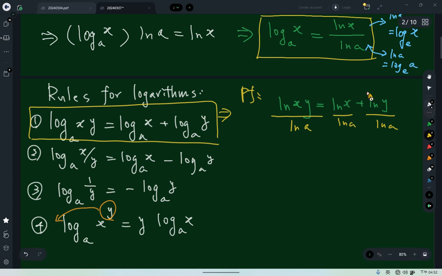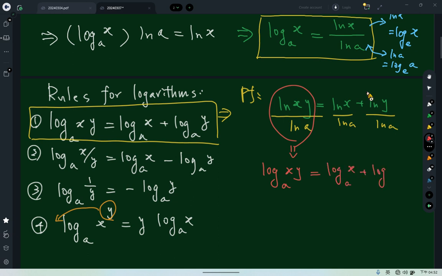Right? So you can see here, logarithm a base xy is equal to logarithm a base x plus logarithm a base y. So easy, right? It's true. So we can get actually equals because of this, right? Two things.